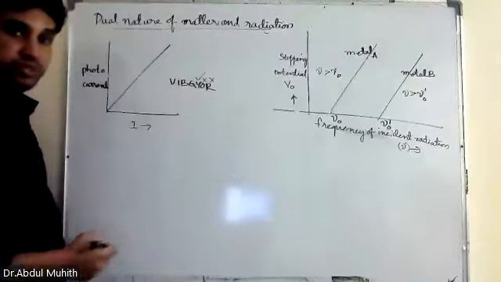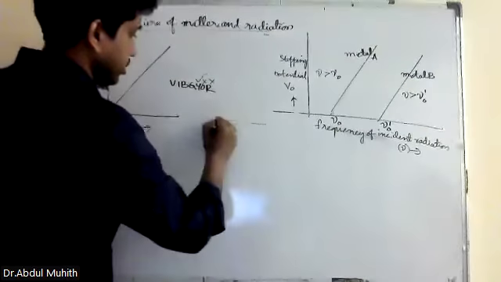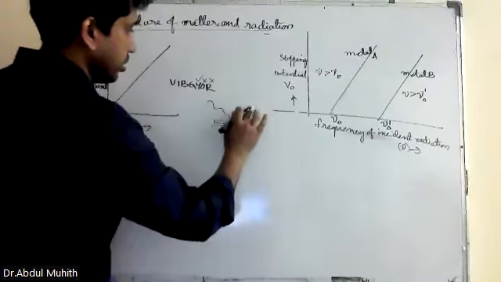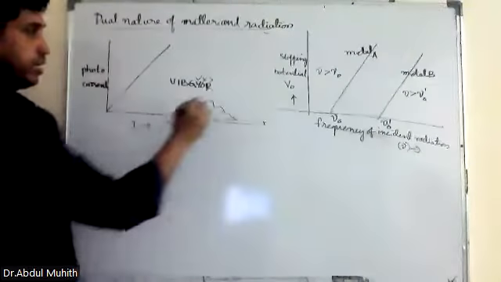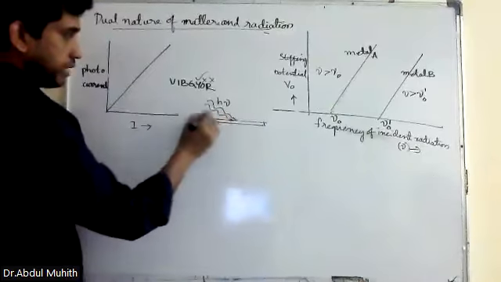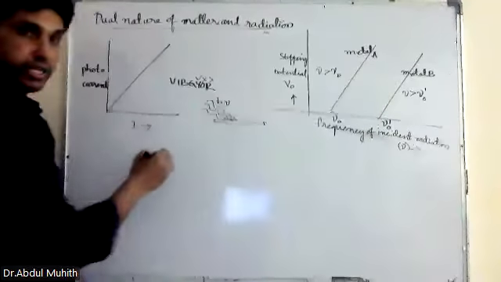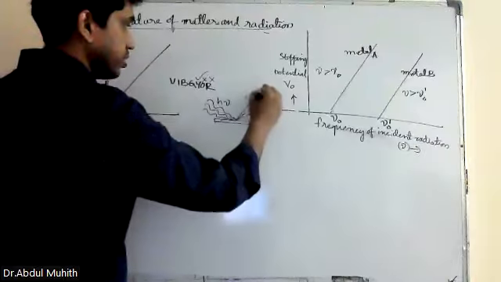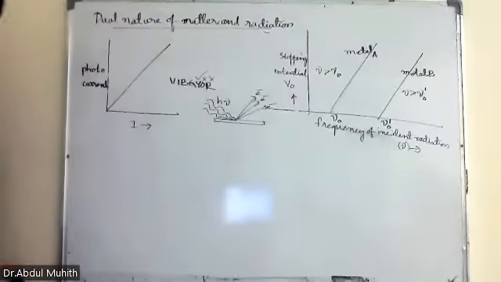For orange color light also, no electrons are ejected out. But when it becomes yellow color light, as the intensity of radiation increases, more and more electrons start coming out. Understood? That is what he is saying in the first graph.